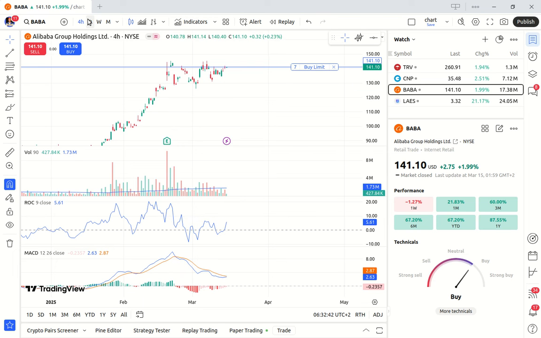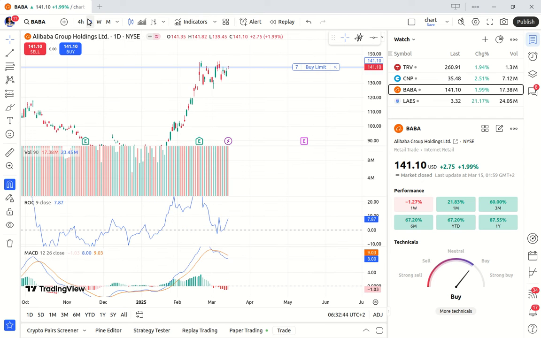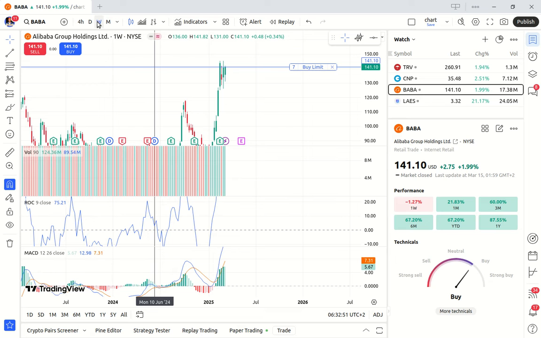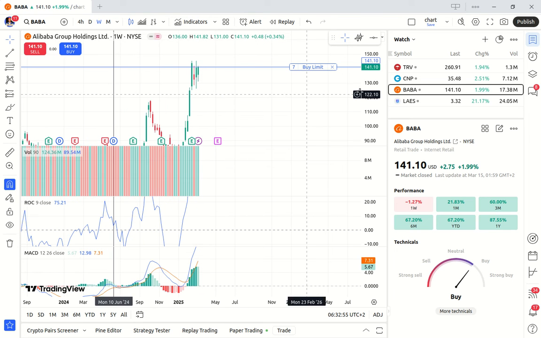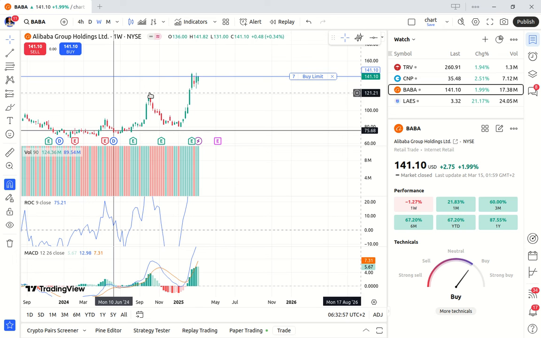But if we look at it, yeah, it's a doji here. If you look at it from the weekly chart, you can kind of see some form of clues, and you can see it has broken to a new high on the weekly chart pattern.